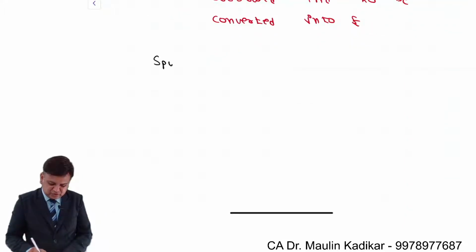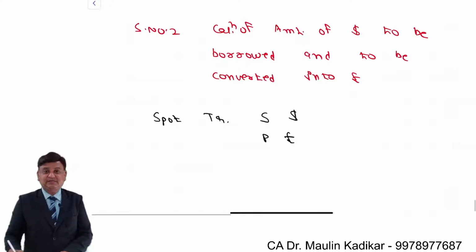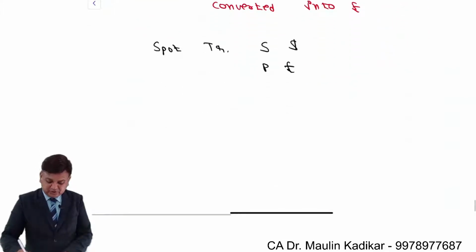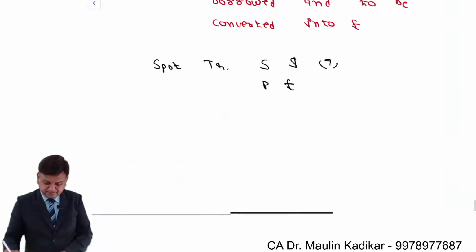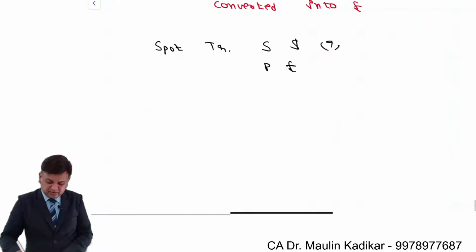So basically, dear students, we will enter into a spot transaction for conversion of the dollar into pound. That is a spot transaction which will be entered upon. So this is the amount of the dollar which should be converted into this amount of pound, 3,33,658.54.